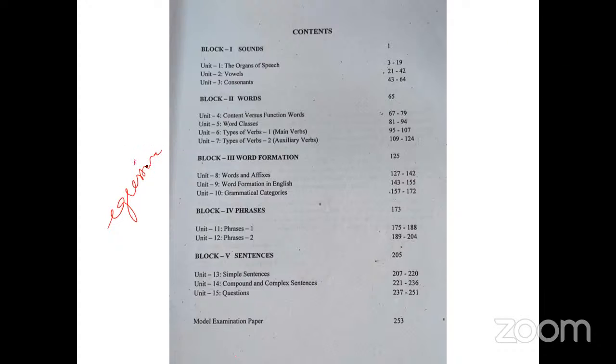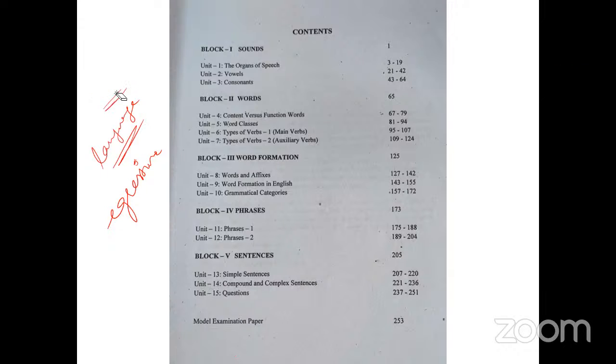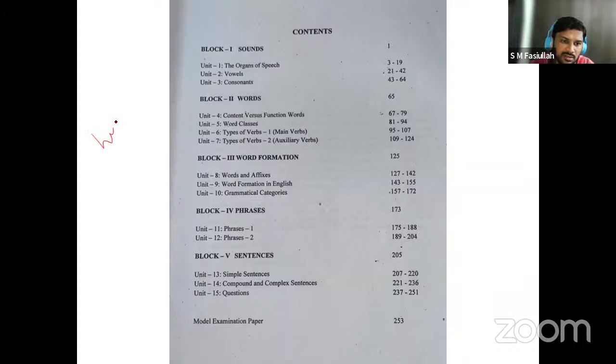It is also mentioned here that sounds can be produced by manipulating both exhaled and inhaled air. Yes, that could be possible, but when we are talking about language, we are talking about meaningful sounds, human language sounds.